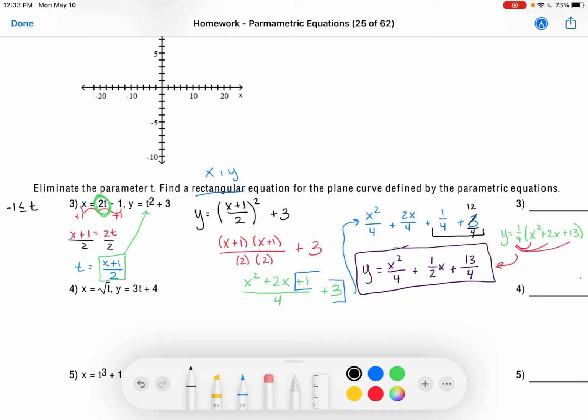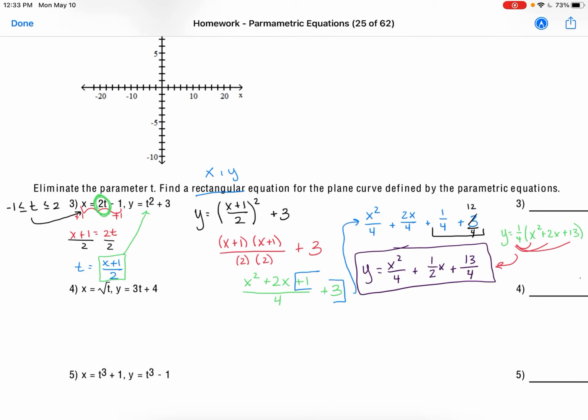So for example, it might say -1 is less than or equal to t is less than or equal to 2. And so all you will need to do is plug in those values, just like we did at the beginning of our notes. Plug in -1, 0, +1, and 2. And you're just going to find the parameters for x then. By plugging those values in for t, it will then tell you the parameters for x.